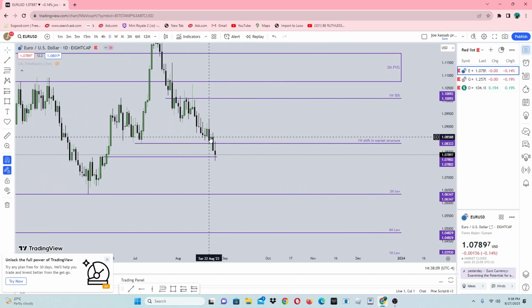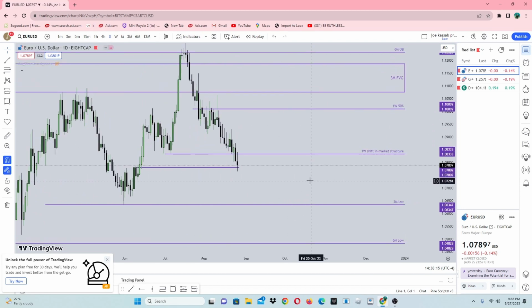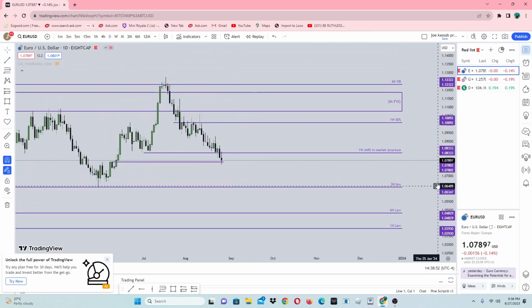We might see some choppiness like this, but I am very bearish, and usually I take trades intraday. So on the daily chart, I analyze if the daily candle will be bullish or bearish, but I like to have an idea for the month and for the week. That's why during every last week of the month, I make some analysis to see where I am in the market. So this is my top-down analysis.